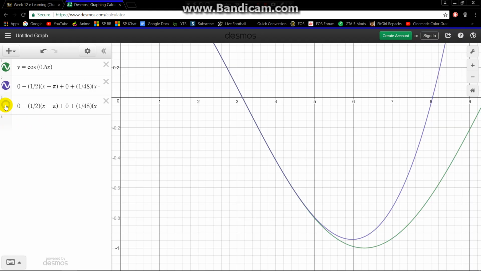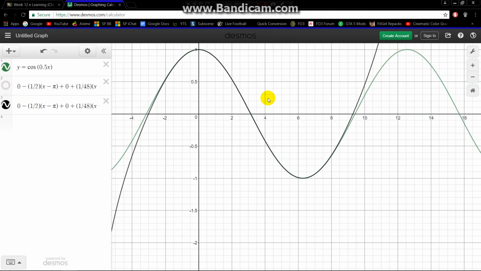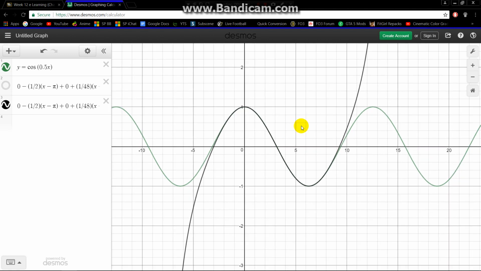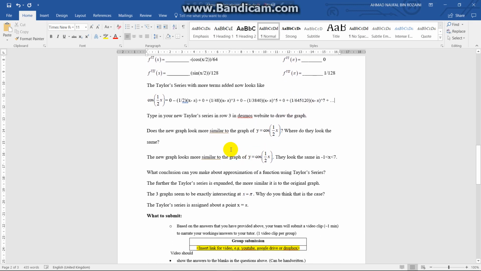So this is the graph. The question is, does the new graph look more similar to the graph of y equals to cosine half x? And where do they look the same?